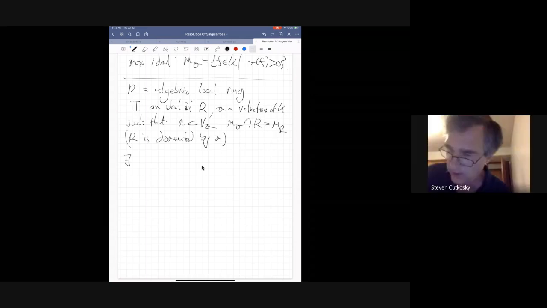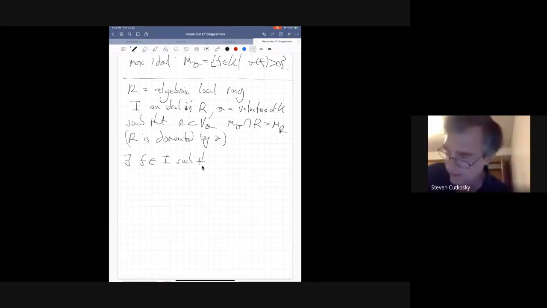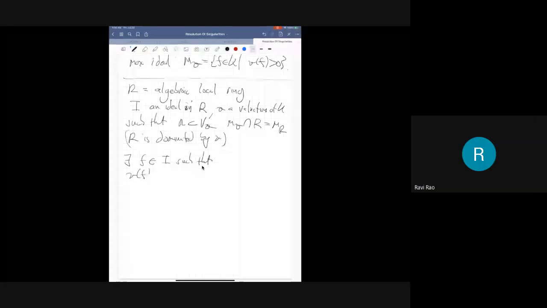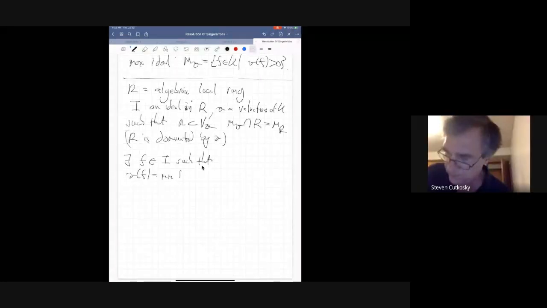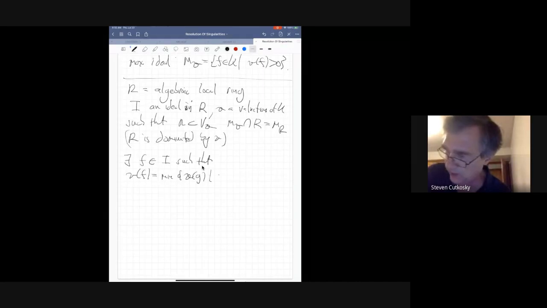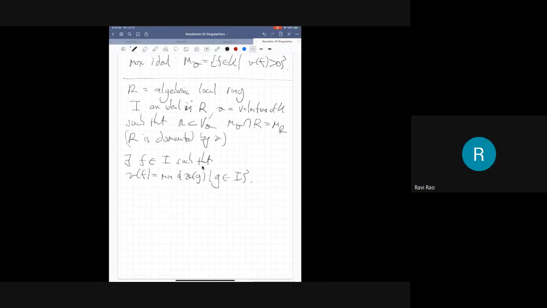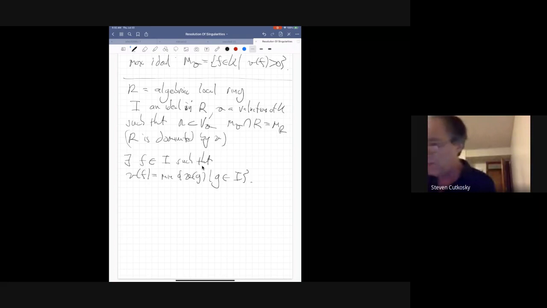Okay, now there exists f in I such that ν(f) is the minimum of ν(g) such that g is in I. Okay, so we pick such an element out. In fact, because the ideal is finitely generated, R being Noetherian, you can find this.